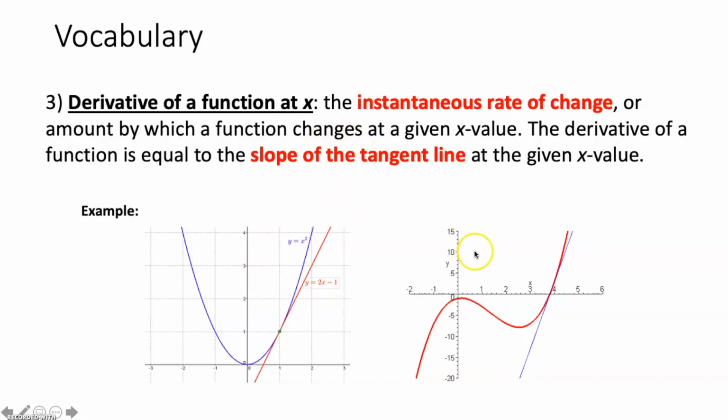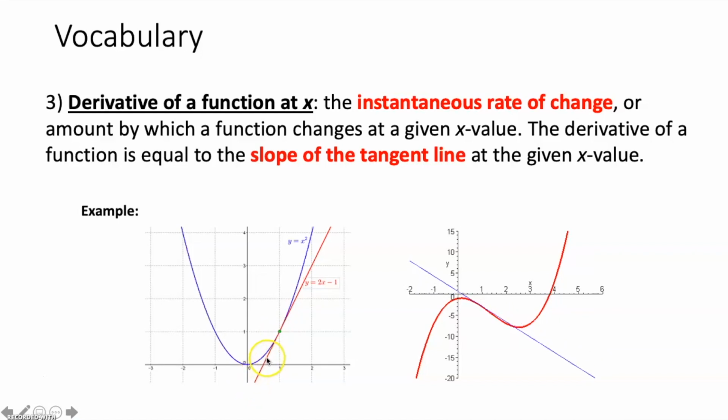So now let's look at our 2 examples down here. In this first example, we have a blue curve. This is our function. And let's say I want to find the instantaneous rate of change, the derivative of the function at x equal to 1. So I want to find the slope of my function at one particular x value, x is equal to 1. All I have to do is draw my tangent line to the curve at that particular point.